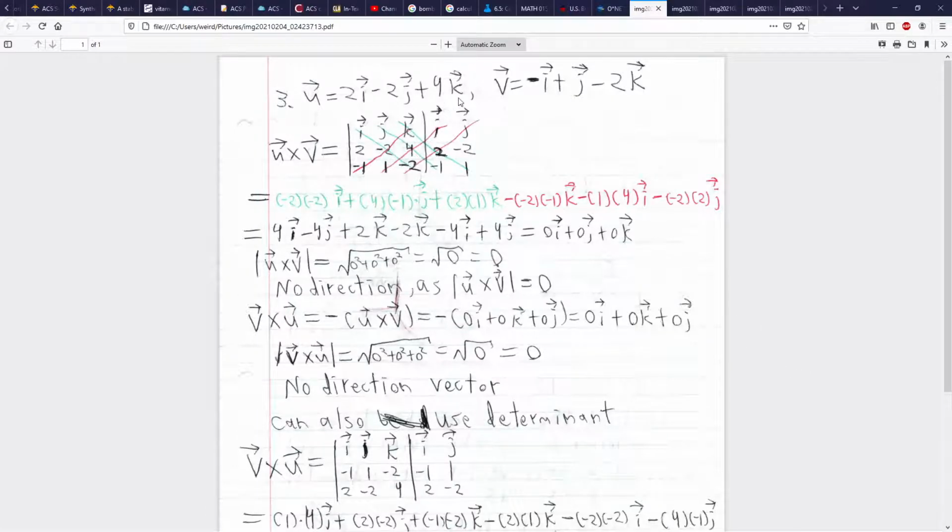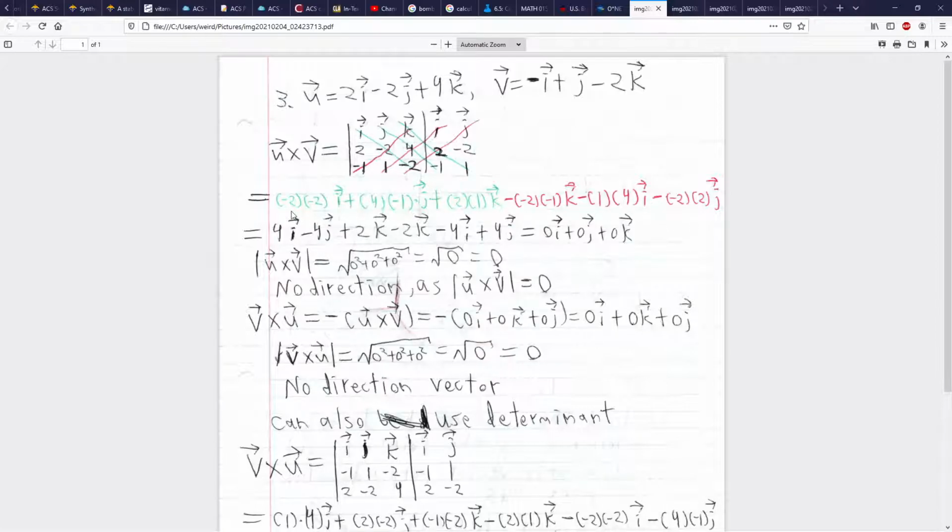So this is another example. It's the same concept, finding u cross v and then v cross u. Basically you find these because you want to find the length and direction of u cross v and v cross u. But first, you have to find the cross product first to do any of that.